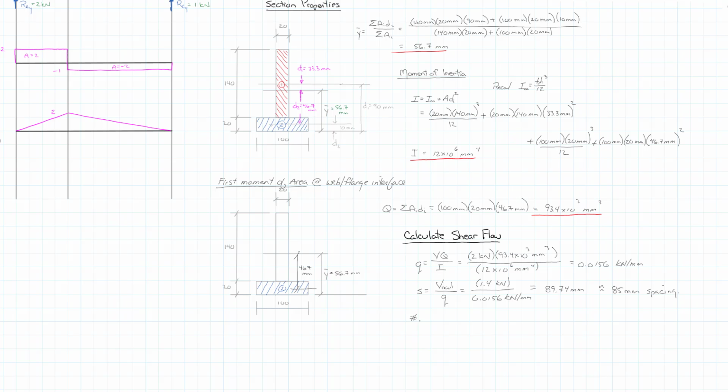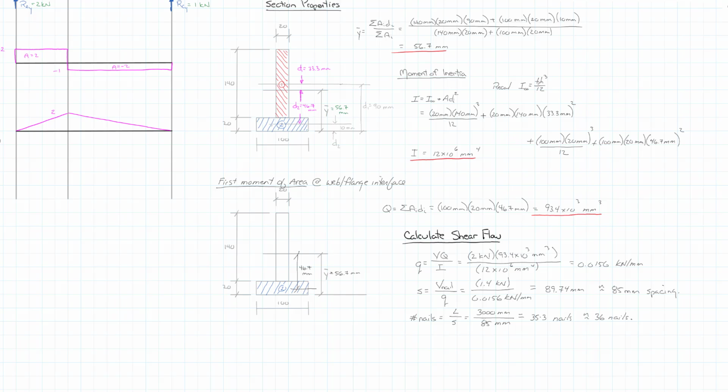So number of nails is equal to our length divided by our spacing, which is equal to 3,000 millimeters divided by 85 millimeters, and that's equal to 35.3 nails, and I will round that up to 36 nails. So there you have it. We've been able to use shear flow to figure out the spacing of the nails.